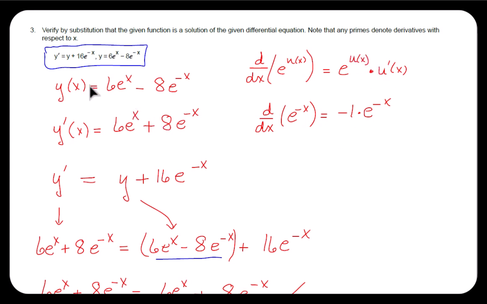All right, so the derivative of 6e to the x is 6e to the x. The derivative of this e to the minus x, I get a minus in the front, so minus a minus 8 is a plus.